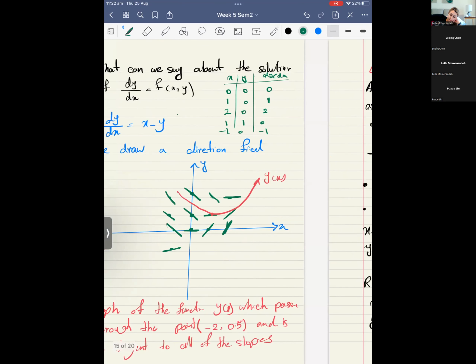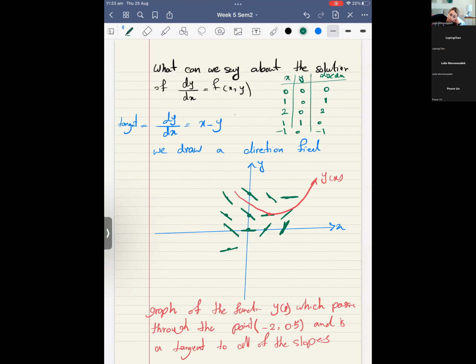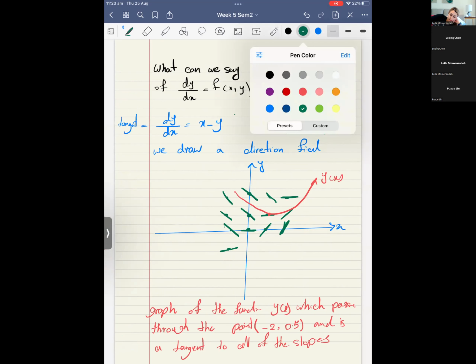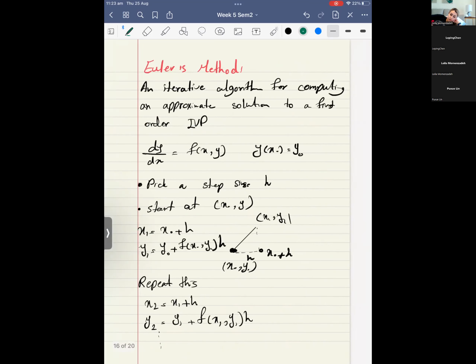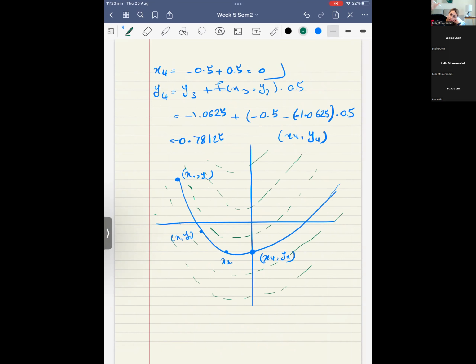Like here, if I continue this one, it shows you the shape the graph is going, and all the lines would be like this in the contour plot, the IVP plot. You can use this by computer, which is very easy, but by hand you can choose point by point.